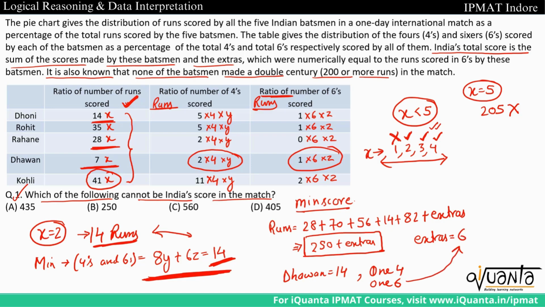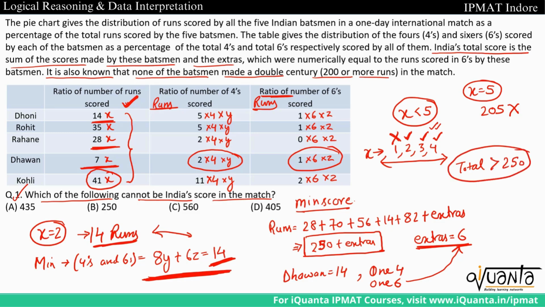And similarly, we'll have to find out the sixes hit by all other batsmen and we'll include those runs into these extras. So if I calculate the minimum value of extras, it will definitely be greater than 0, because runs are equal to 250 plus extras. So the total score of India will definitely be greater than 250.